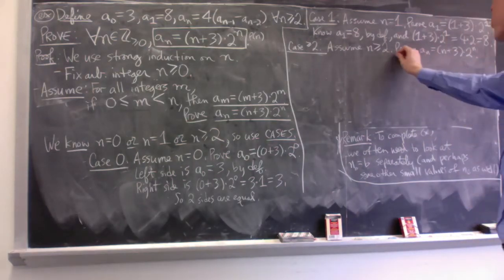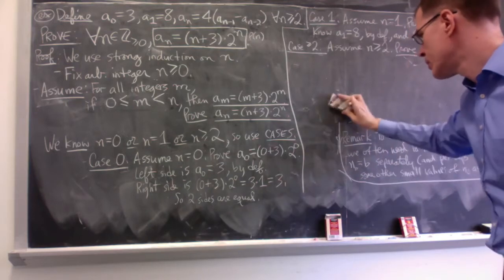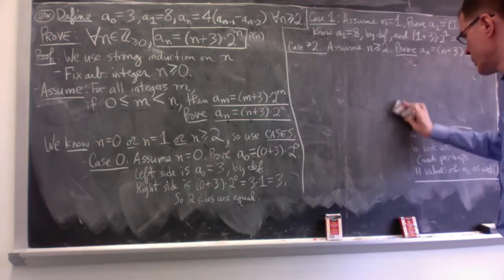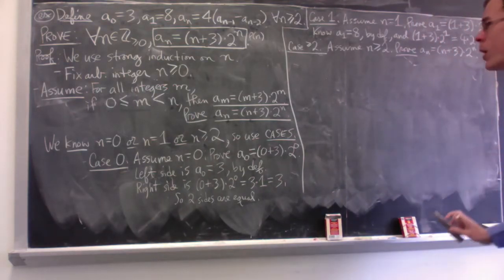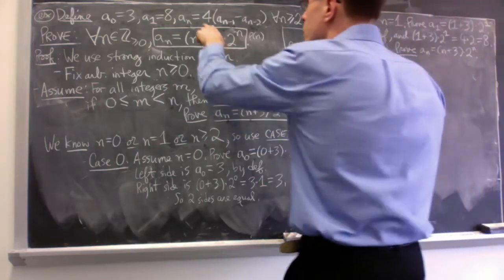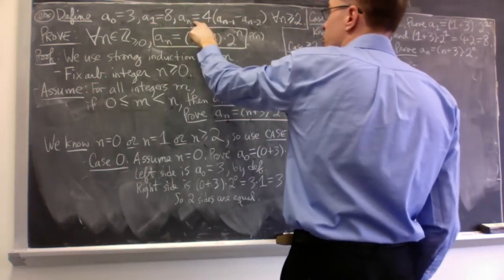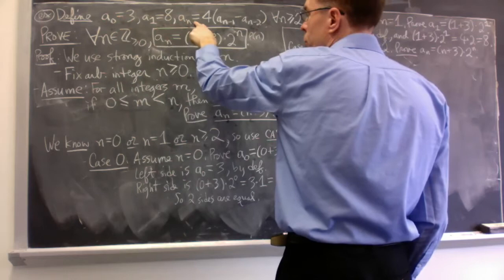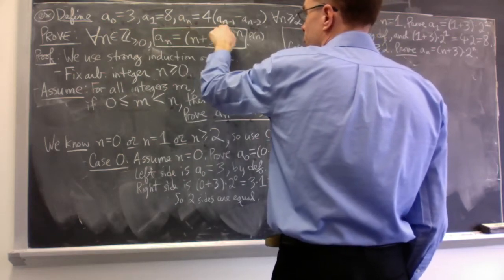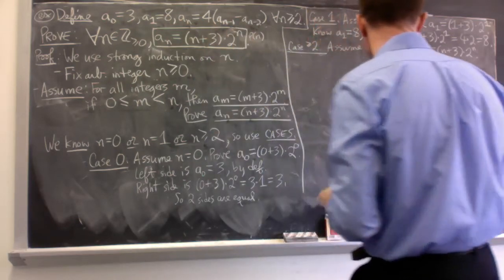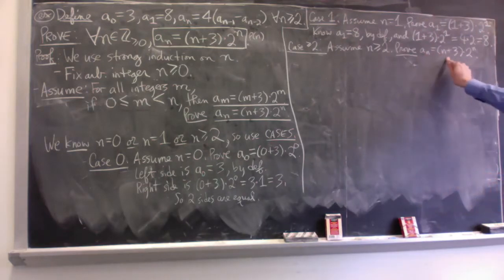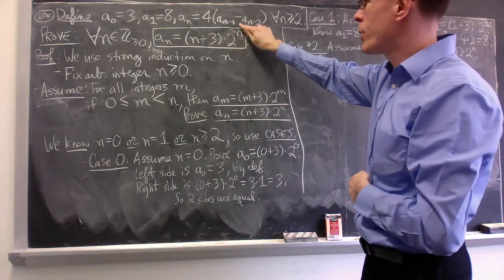All right, but now we have to do something different. What we have to do now is use, because n is at least 2, now we're in this part of the recursive definition, and we're actually going to have to calculate with this. Okay, we'll have a chain proof. We'll go from here to there, and the first step of the chain will be right here.